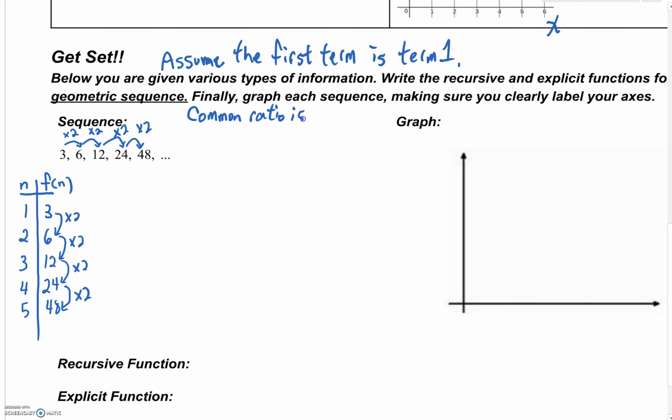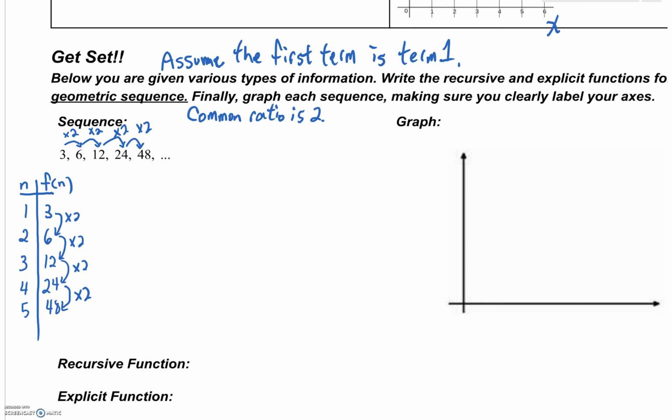The common ratio here is 2. So we'd actually like to find our recursive function. Our recursive function, you might have recalled, was always relating how you can find your current term by looking back on your previous term.